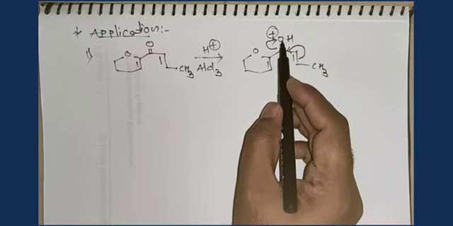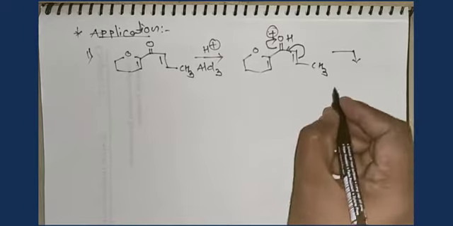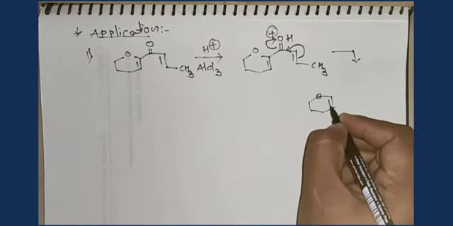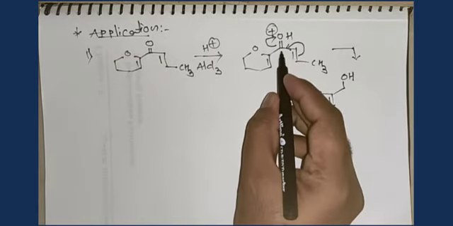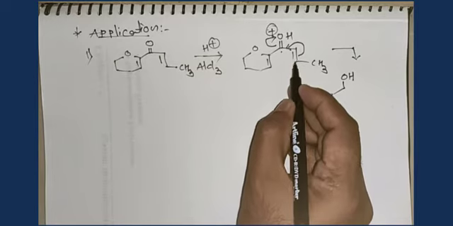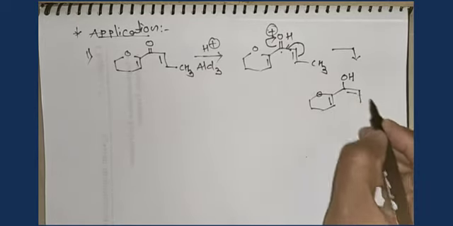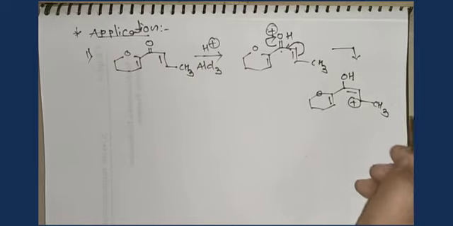As we discussed there, the positively charged oxygen is not very stable, so now this double bond is converted to OH. So here the carbon has a positive charge which is transferred to this carbon because this bond is transferred to here. So here is the positive charge, CH3 as it is.